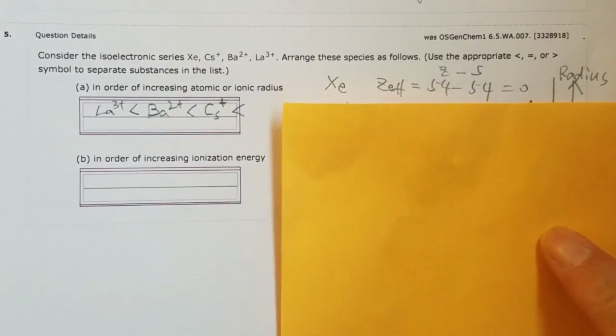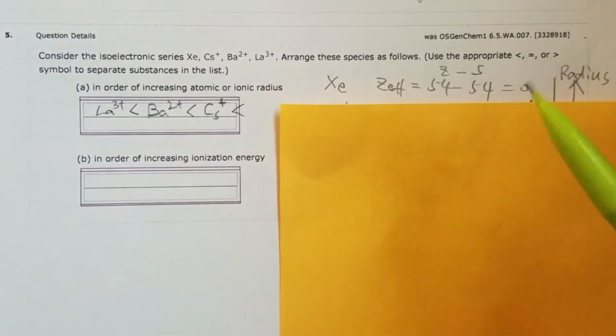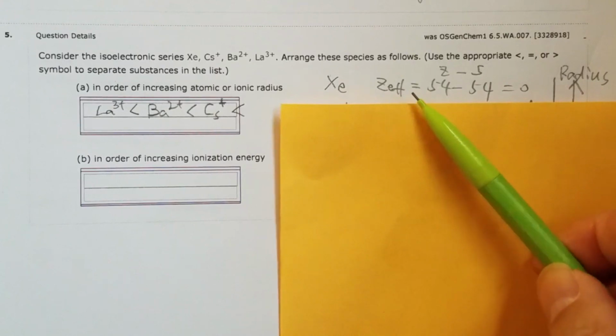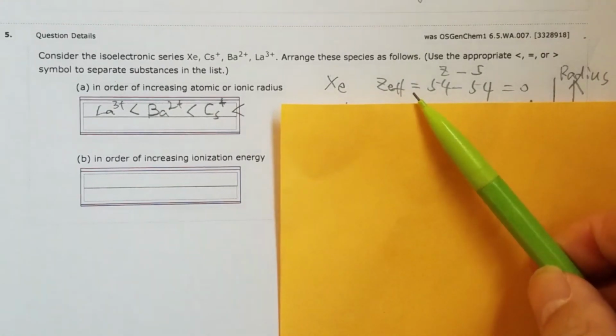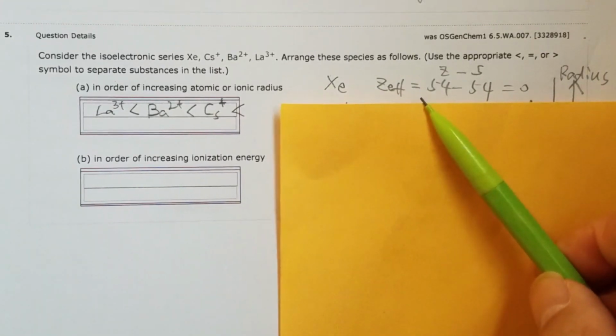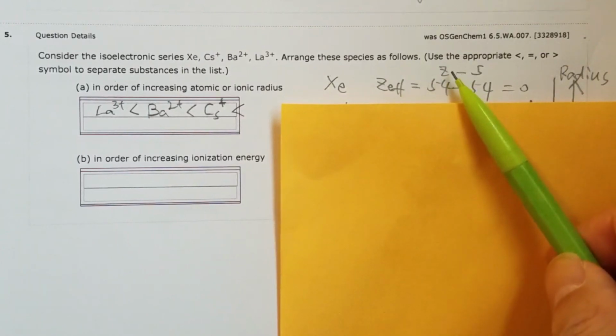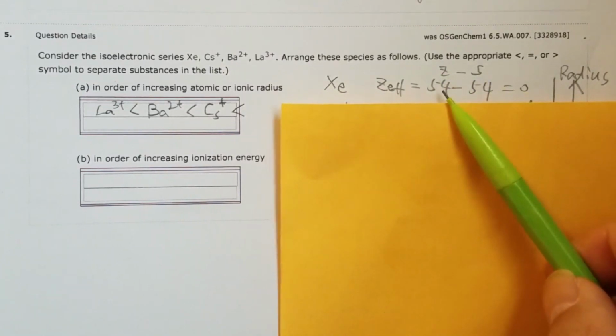Now let's calculate the Zeff. Okay, so for xenon first, Zeff, so Z effective can be calculated using Z minus S. Z is the atomic number.